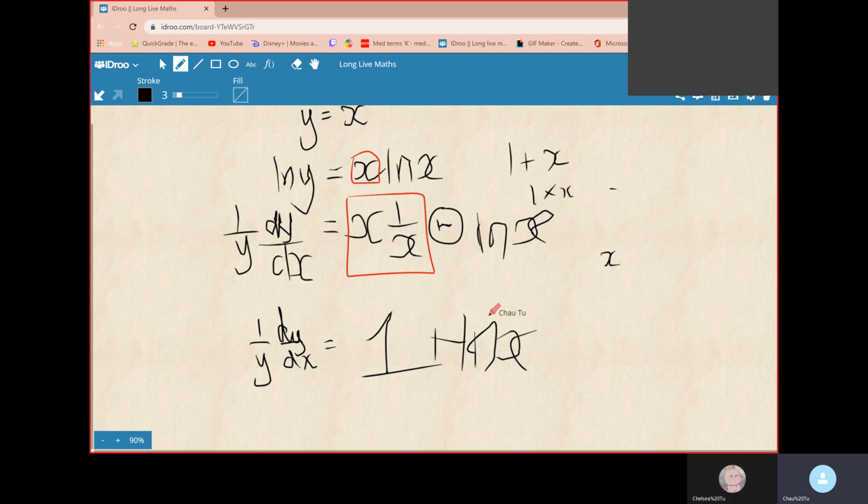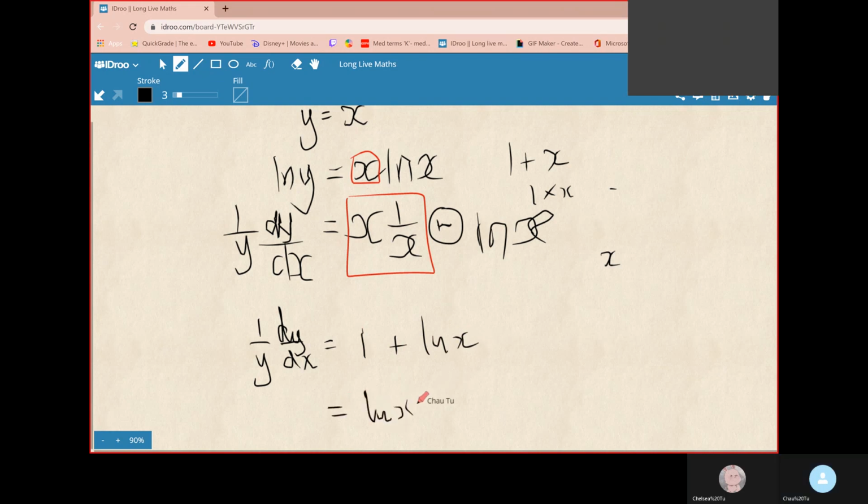Do you understand, Chelsea? Hang on. You were thinking of this 1 plus natural log of x, and then you said that becomes natural log of x, right? That's what you said, wasn't it? But it's not right.